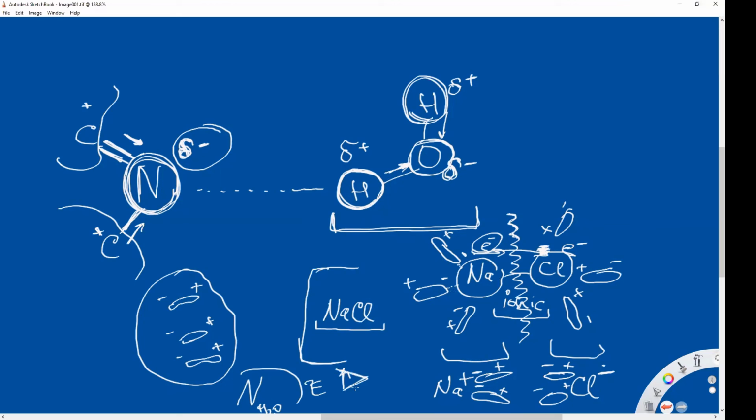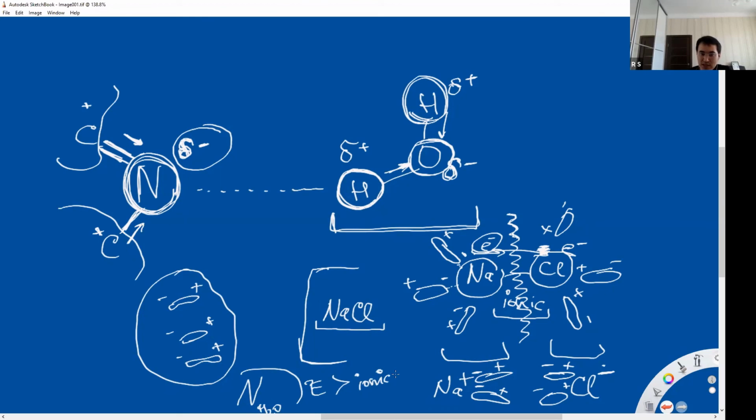Yes, so that means it can also apply to any other ionic bond, yes? Yes. Okay, so thank you. That's why we have the dissociation of molecules in water. So we dissolve some matters, some molecules.